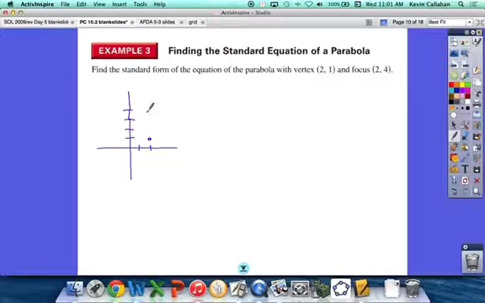So if the vertex is here and the focus is here, which direction does it open? Up, right? Because the parabola is going around it like that.